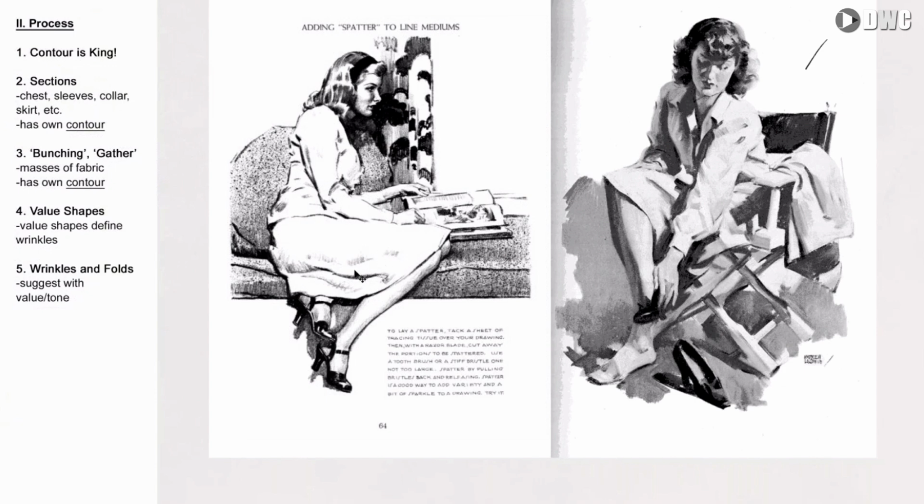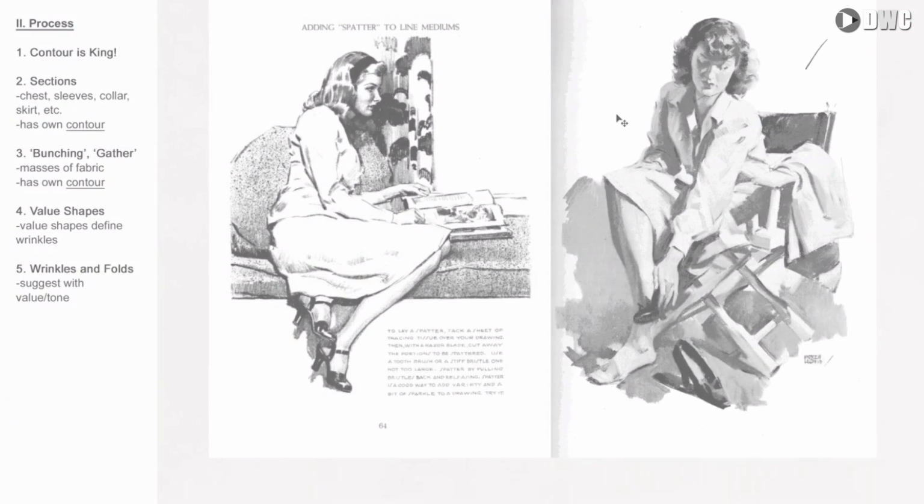He used a softer mark, softer edge, lighter value to suggest fabric. So this is an excellent example of suggesting wrinkles instead of trying to manually draw wrinkles and copy. We don't want to copy. You want to interpret and design and make good decisions.